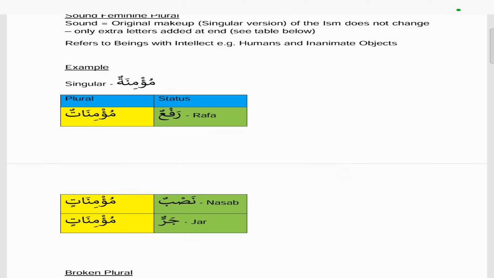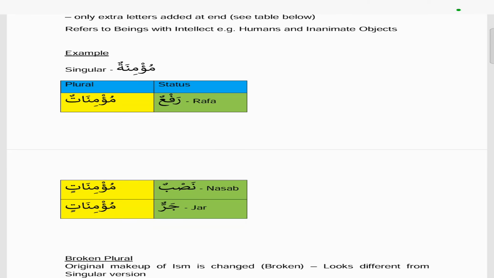An example is Mu'minatun, which means a believing woman. That's the singular version. If we're talking about plural, the base will still be there. We only add extra letters at the end. So the Rafa is Mu'minatun, where the alif and the ta are added, and the Nasab is Mu'minatin, again the alif and the ta have been added, and Mu'minatin again for Jar.